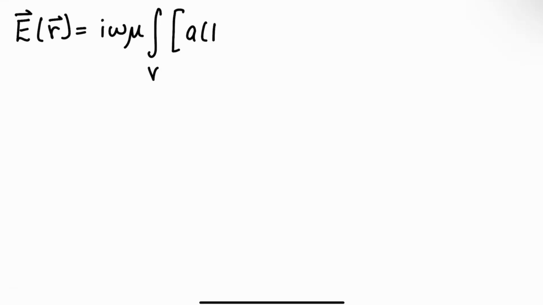So E of R is iωμ volume integral of A(r) r-hat dot J r-hat, as we had r-hat dot J. So you only evaluate one of those r-hats because that becomes a scalar, right?